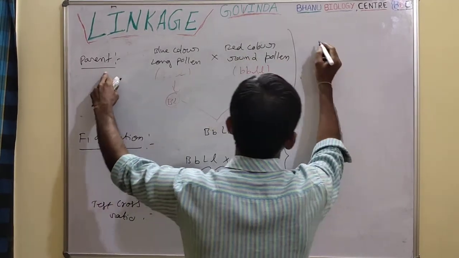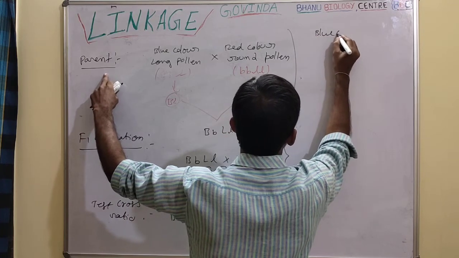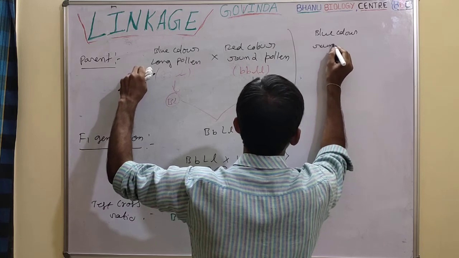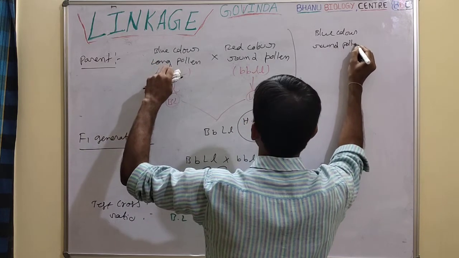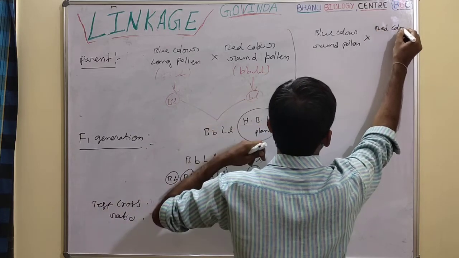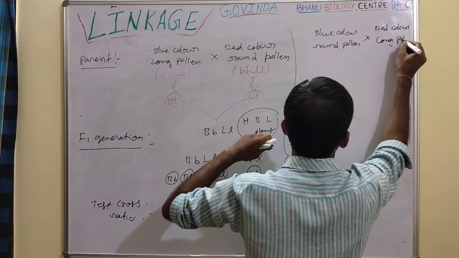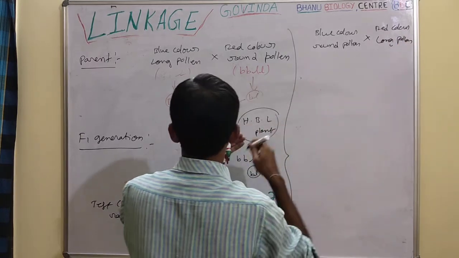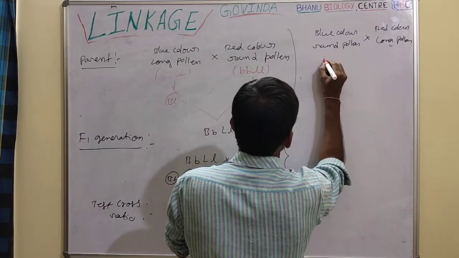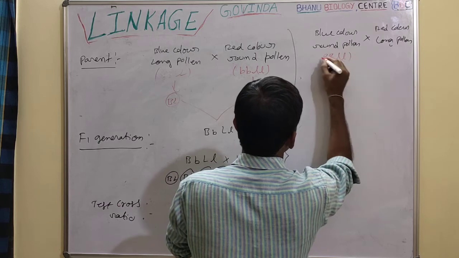Still, the parents taken here were blue color, round pollen, not long, versus red color, long pollen. Their genotypes are like this. Blue means capital B, round means small l.